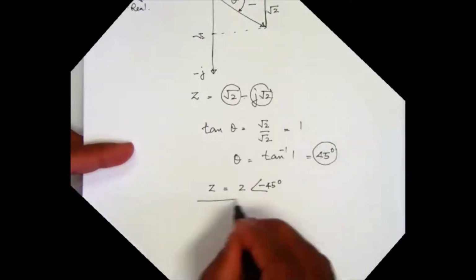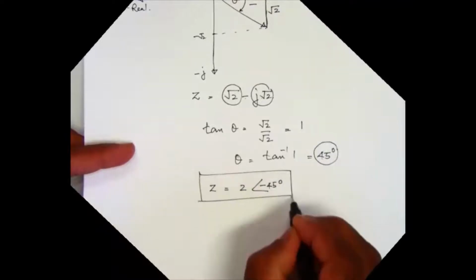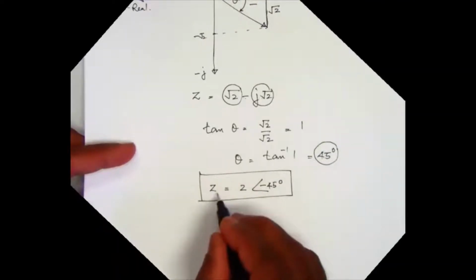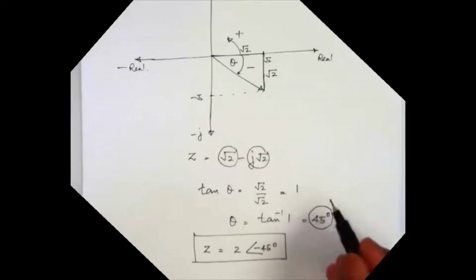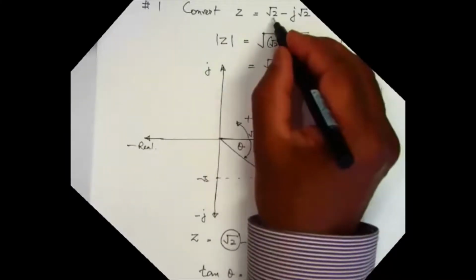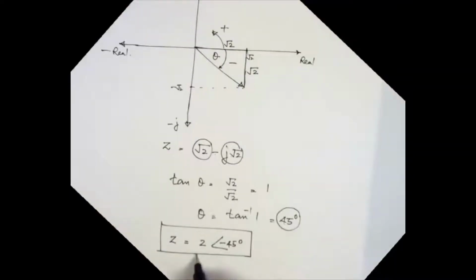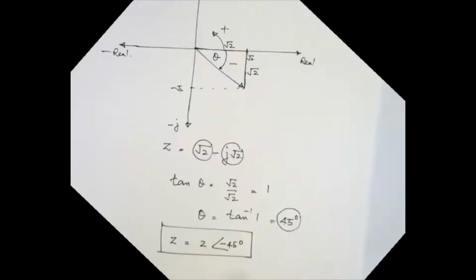So that is our answer. The rectangular form, which is square root 2 minus j square root 2, can be represented in polar form as 2 angle negative 45. So let's move on to the second example.